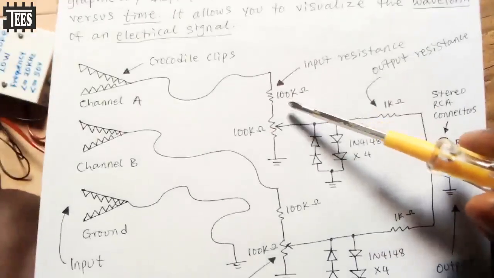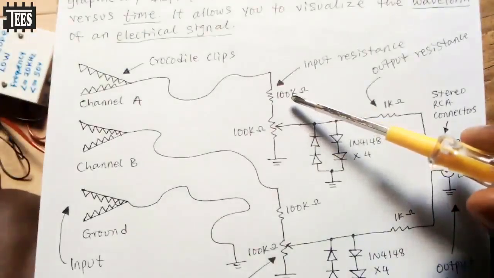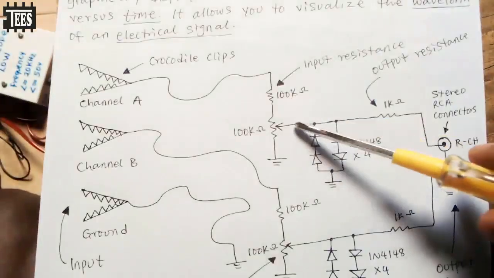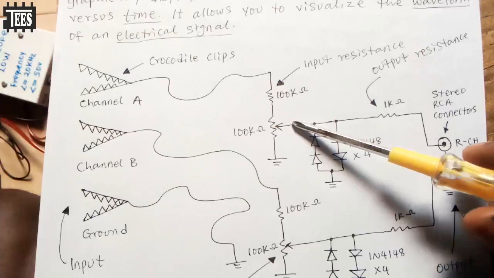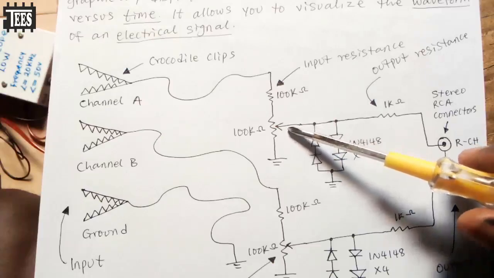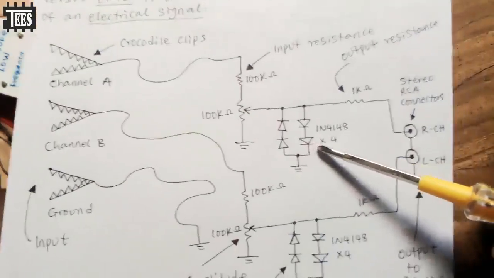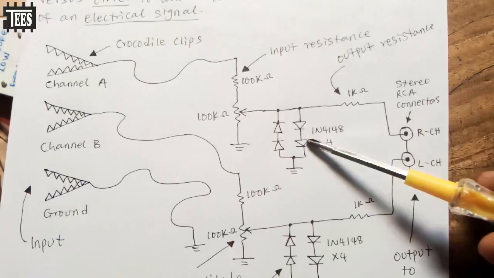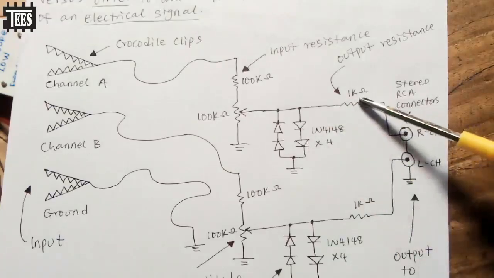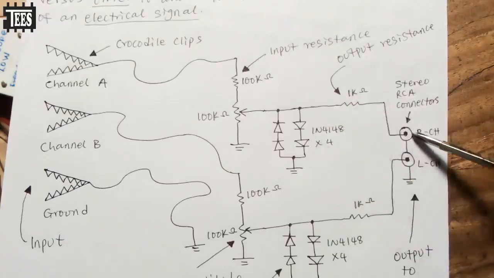Here we have a fixed 100 kilo ohms resistor, and then a variable resistor, a potentiometer, of 100 kilo ohms. Then here we have some signal diodes. Here we also have a fixed resistor. Then this is the output.